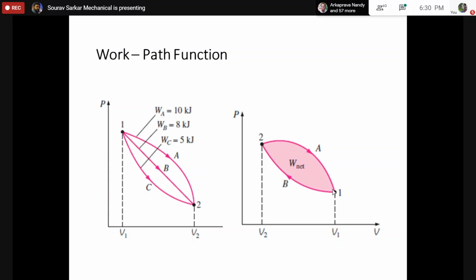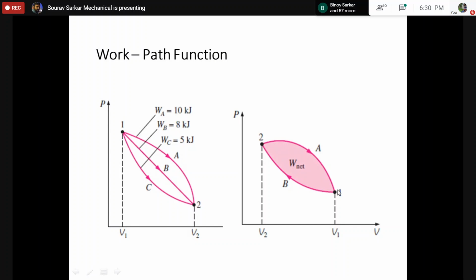Why? Because this work is positive. This upper curve has a higher area under the diagram and the lower curve has a lesser negative amount of work. If we sum up these two, it will finally give you a positive work. So that's why the area under the cycle is basically a positive work.